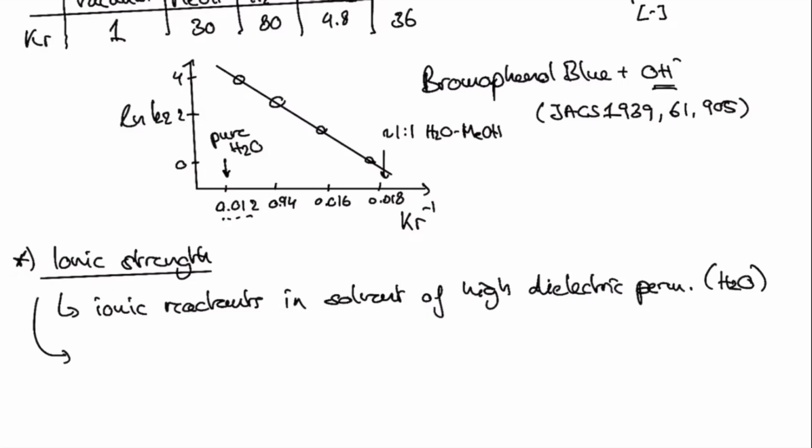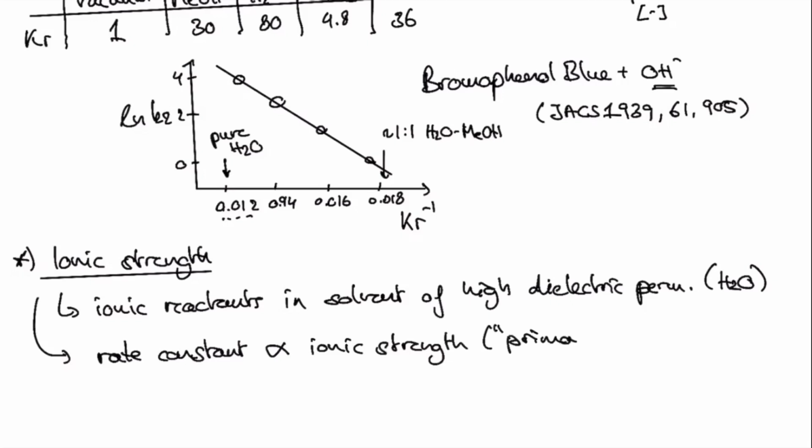Then the rate constant will depend on the ionic strength. This is called the primary kinetic salt effect.